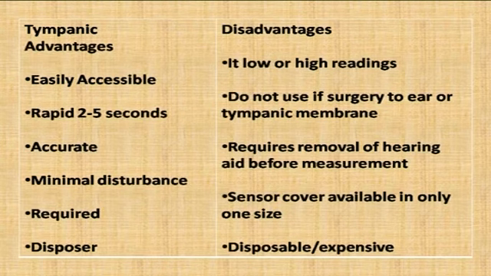The tympanic site can also be used for the measurement of temperature. The advantages are that it is easily accessible, rapid, accurate and requires minimal disturbance. The disadvantages are that it may lead to low or high readings.